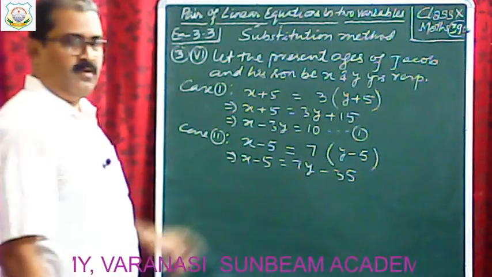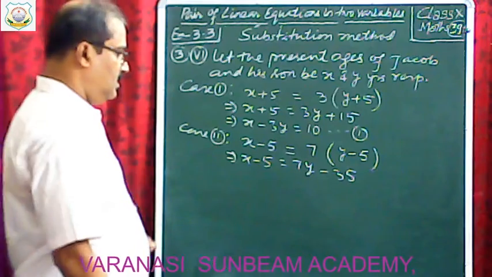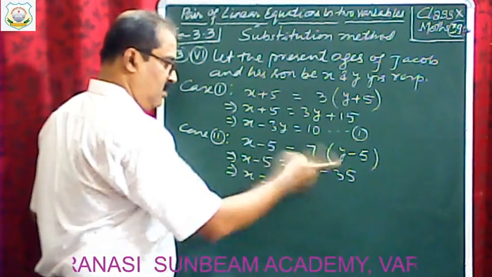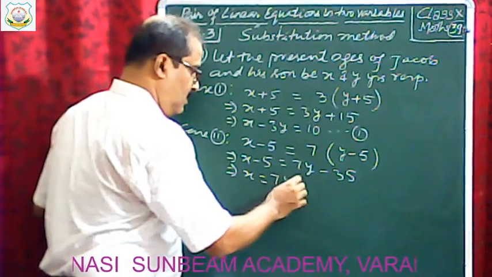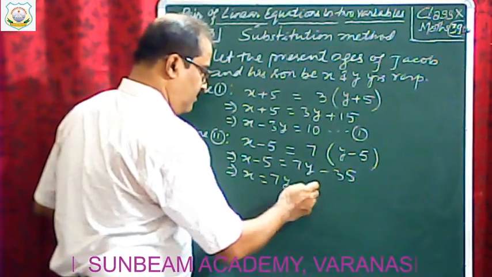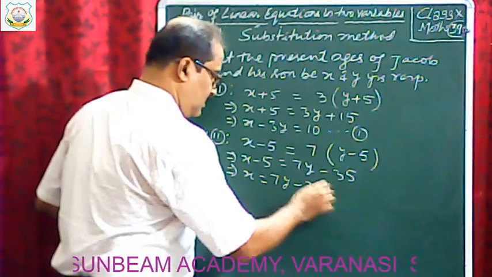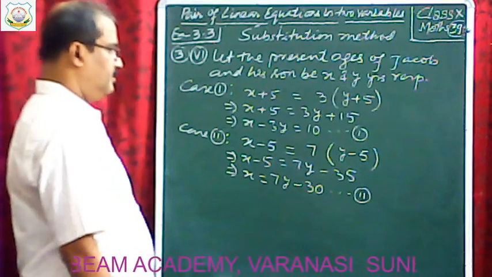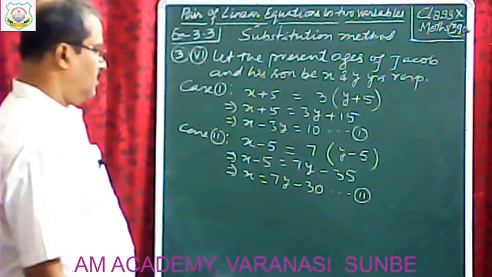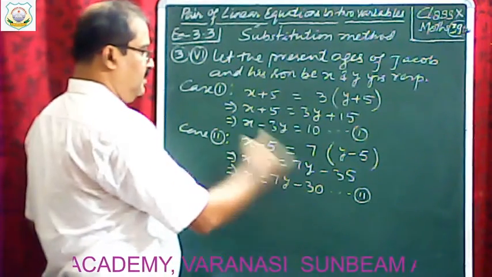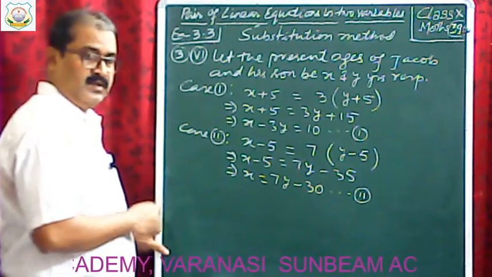Which method do you have to follow? Substitution method. Clear? So better you find x by transposing 5 to the right side: 7y minus 35 plus 5, minus 30. Second equation we get, x equal to 7y minus 30. Now you have to substitute x equal to 7y minus 30 in place of x in the first equation.